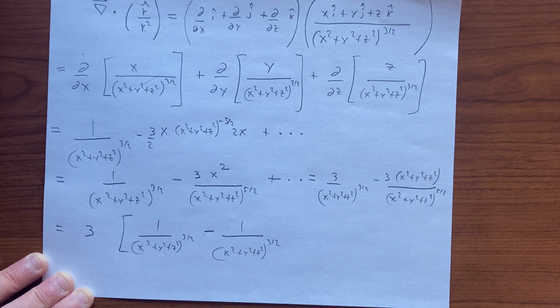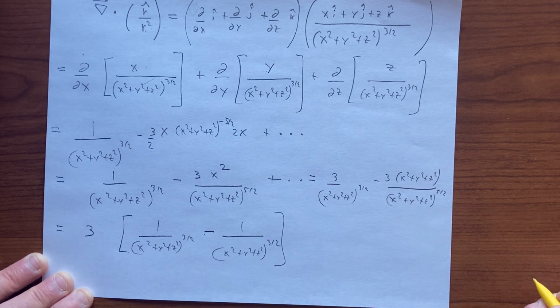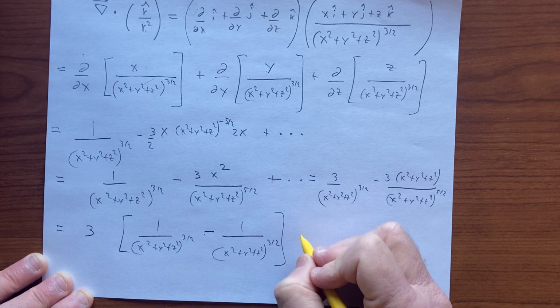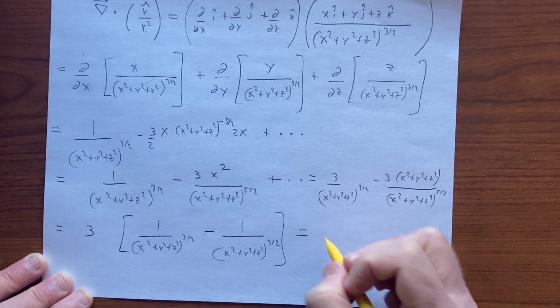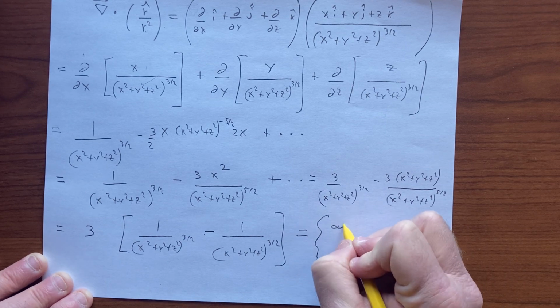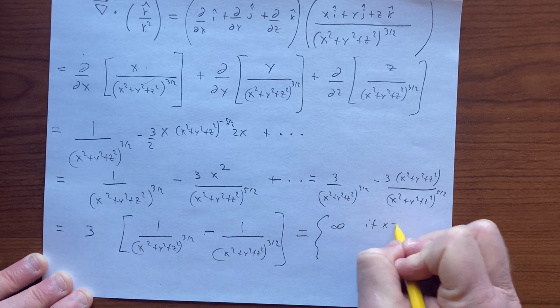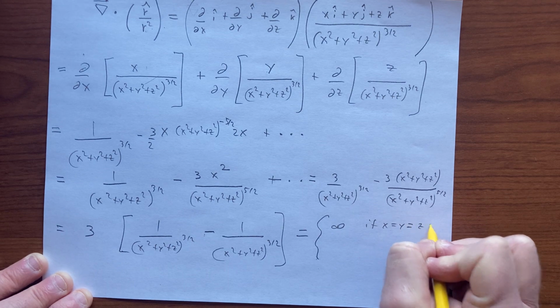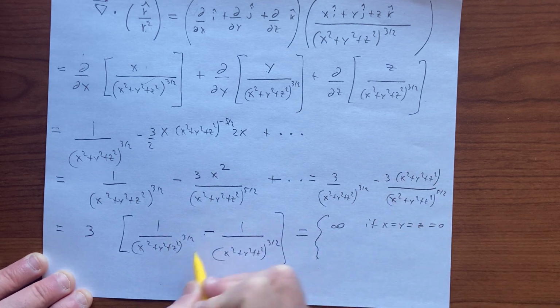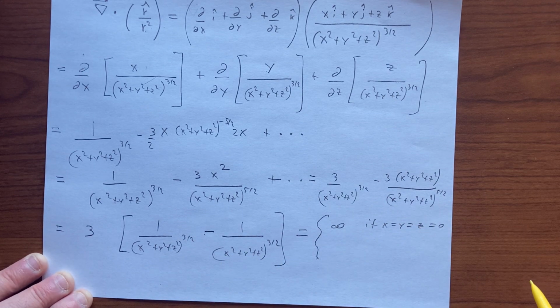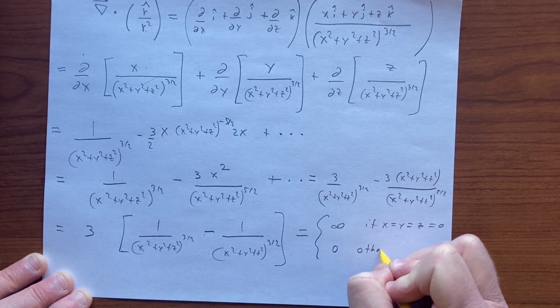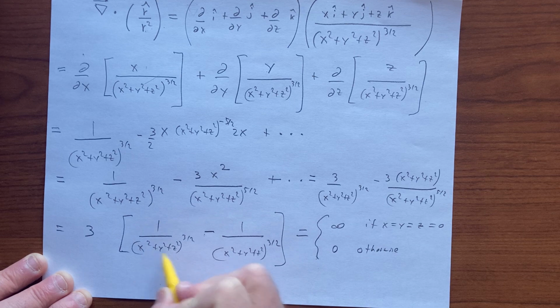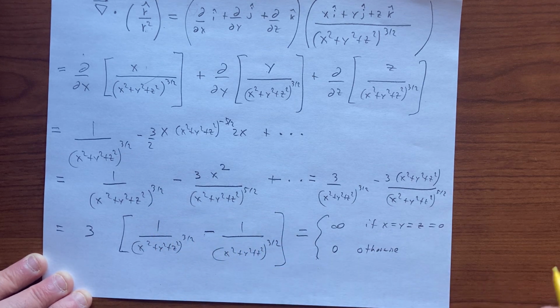Right, when we simplify there, notice that this is infinity if x equals y equals z equals 0, right? We're dividing by 0, so we get infinity, and it's equal to 0 otherwise, right? Because these are finite numbers, and they must be equal to each other, and we're subtracting them, so we get 0.